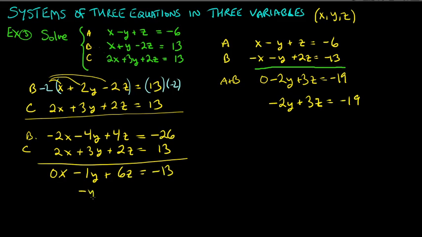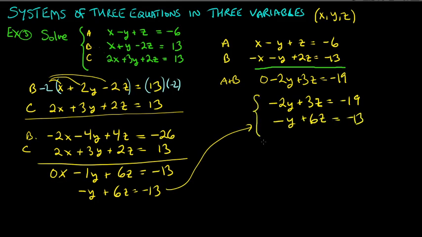So this is just negative y plus 6z equals negative 13. And now you can see I have two equations in two variables. So bringing that up here, now I'm in the exact same situation that I was in the first two examples we did. So at this stage, you can take it from here.